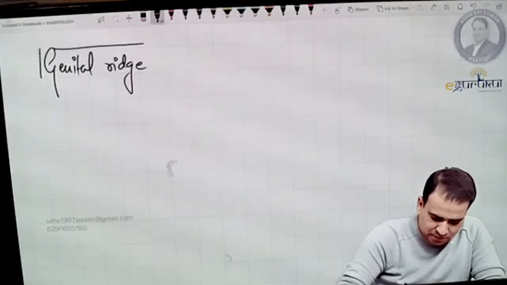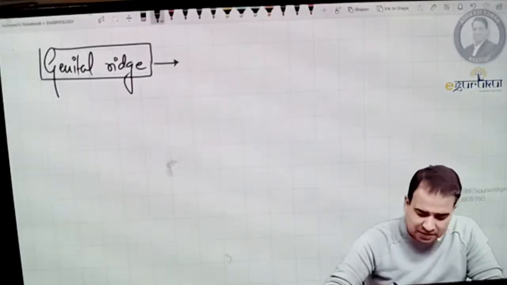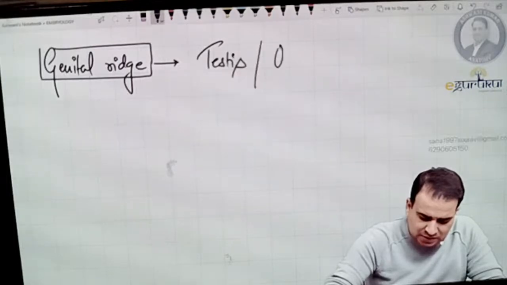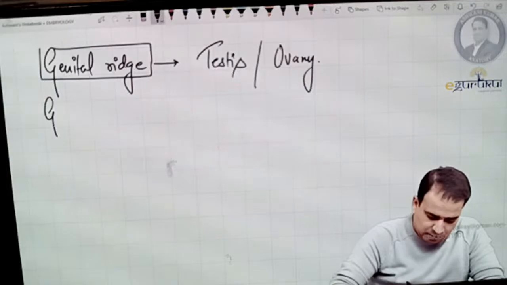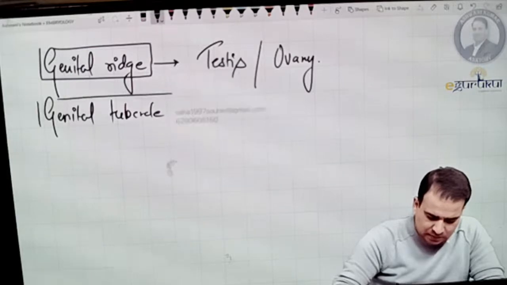Genital ridge, something which we just talked about. Genital ridge will give rise to gonads. So the genital ridge is the one which gives rise to the testis or ovary. Then we use one term called genital tubercles.